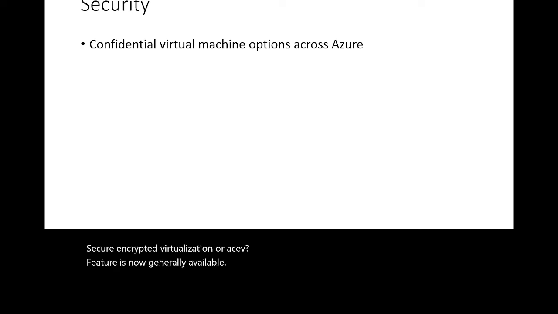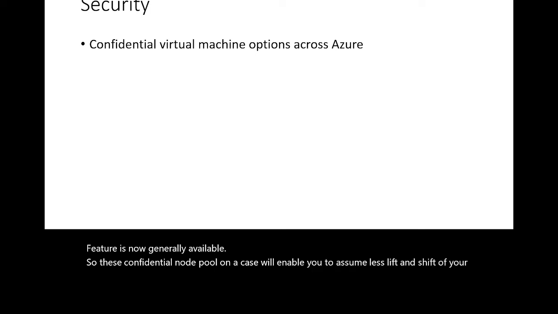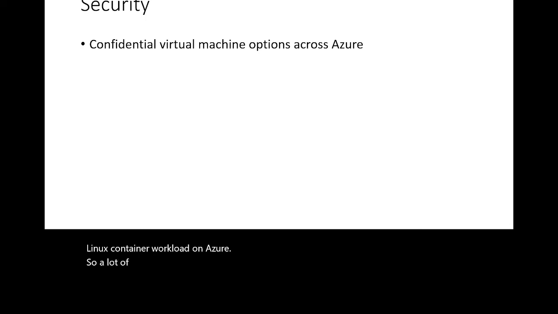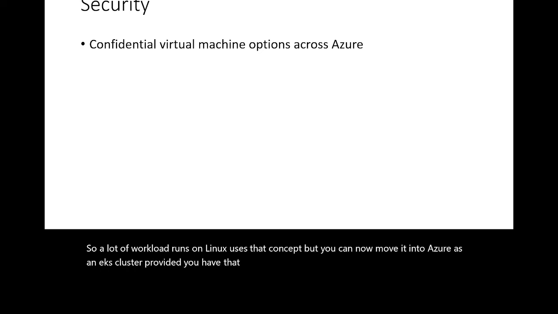So this confidential node pool on AKS will enable you to do a seamless lift and shift of your Linux container workload on Azure. A lot of workload runs on Linux, and you can now move it into Azure as an AKS cluster, provided you have that node pool available, and then deploy the workload in those nodes.